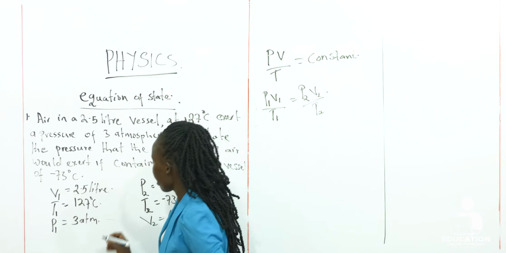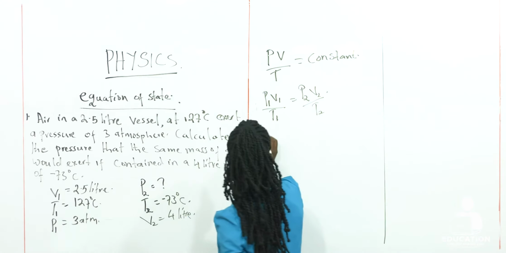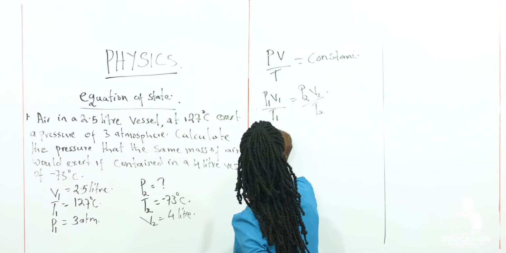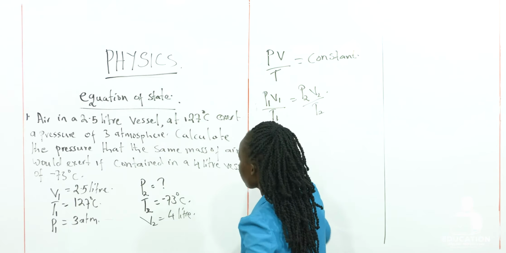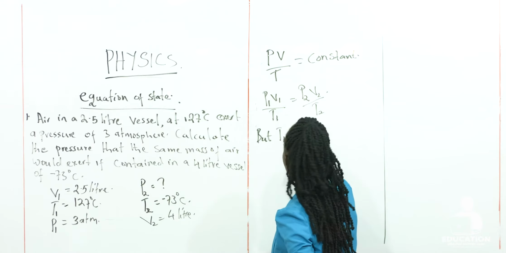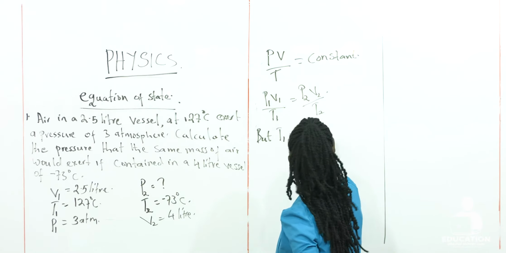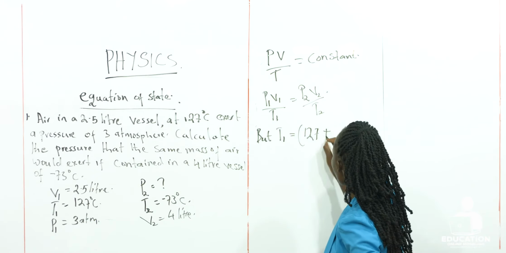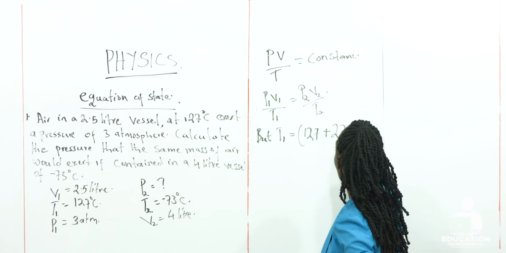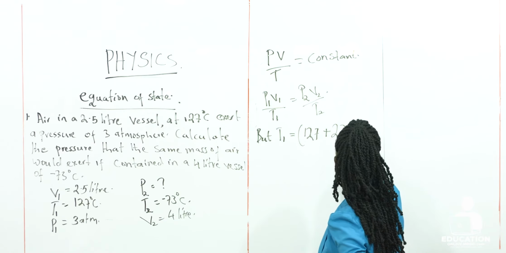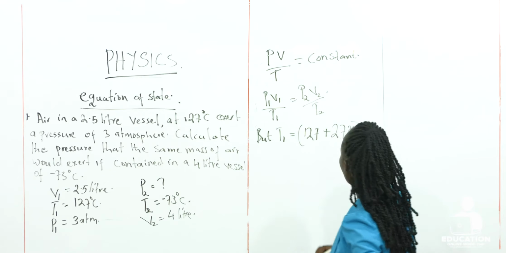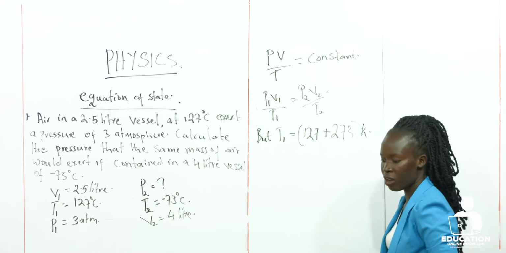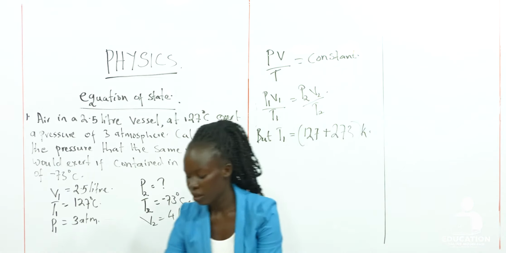Our T1 is equal to 127 degrees Celsius, then we add the value of the absolute zero temperature, which is 273. This will give us the value on the Kelvin scale.